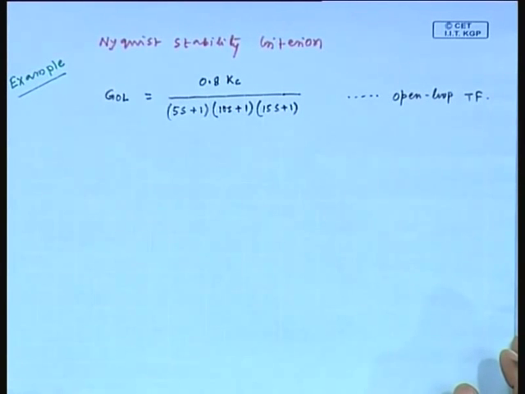Now, we will perform the stability analysis by developing the polar plot with varying omega from minus infinity to infinity.